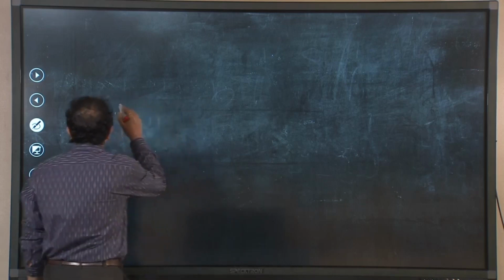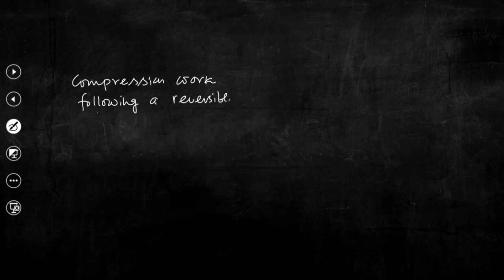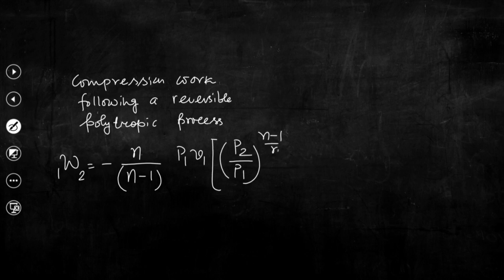So, if we write here compression work following a reversible polytropic process, then this expression should be n by n minus 1 then P1 V1 (P2 by P1) to the power (n minus 1) upon n, minus 1.